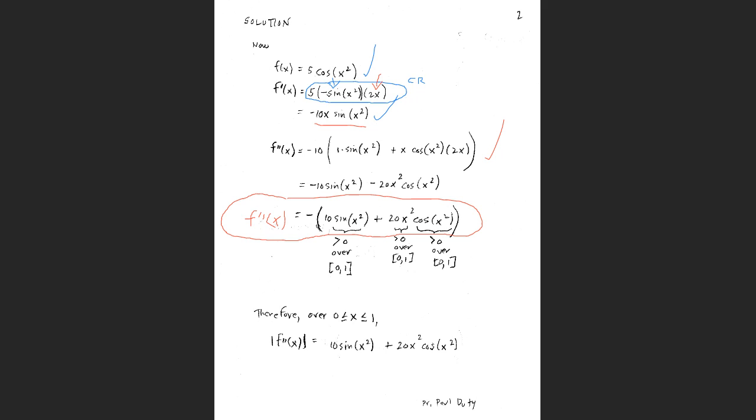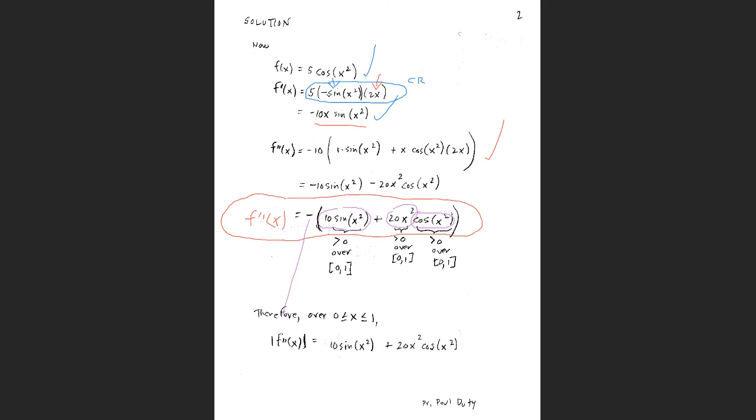Now my interval's from 0 to 1. Okay, my interval's from 0 to 1. So every one of these functions inside the parentheses is positive from 0 to 1. And that's important because that just means then that I still have this negative here, right?